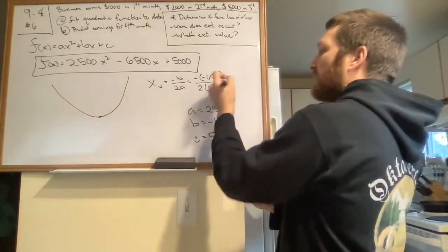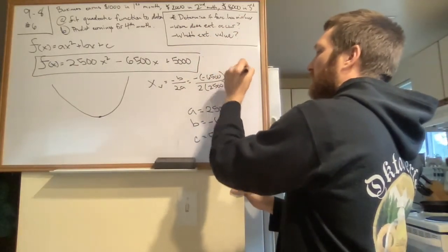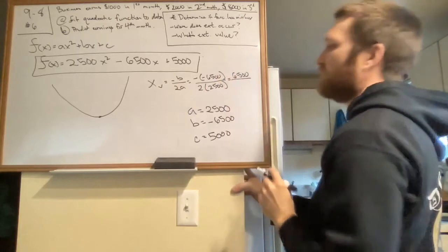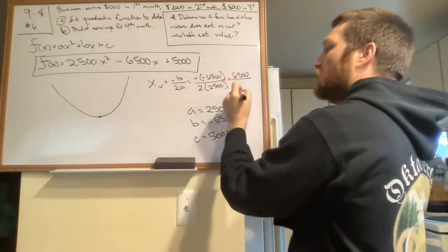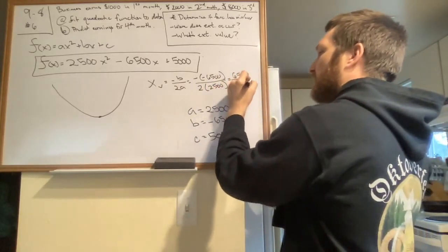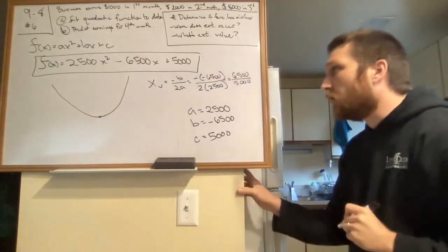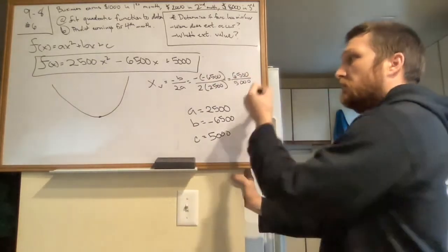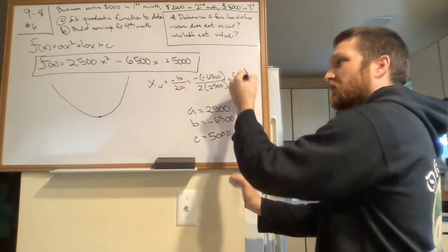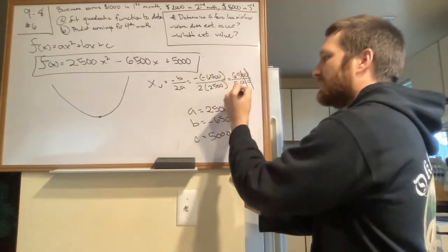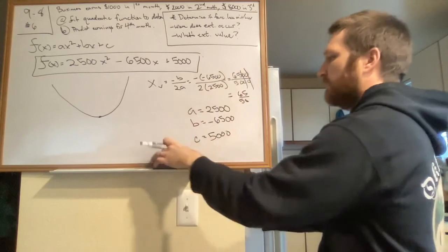Negative of a negative is a positive, so we have 6,500 over 2 times 2,500 is 6,500 over 5,000, okay? If you've ever seen this trick before, cross those zeros out. This is the same thing as 65 over 50.